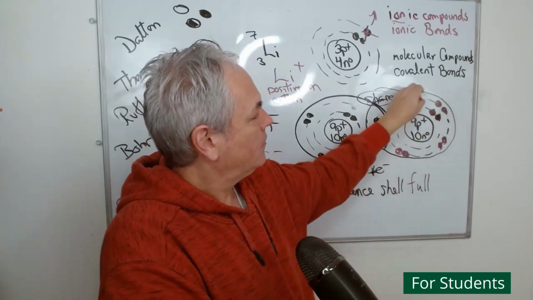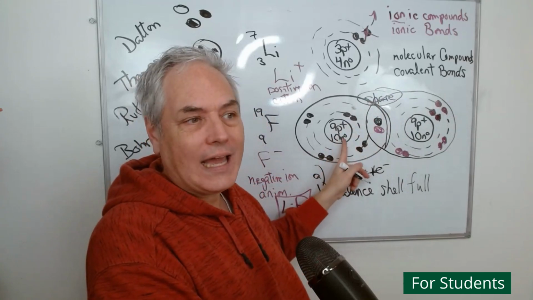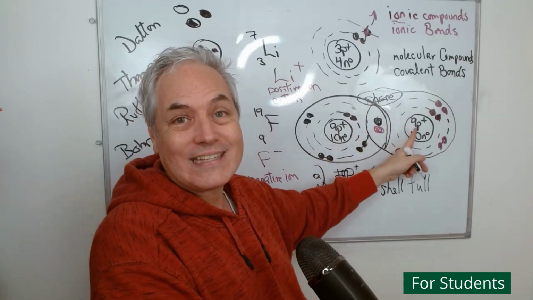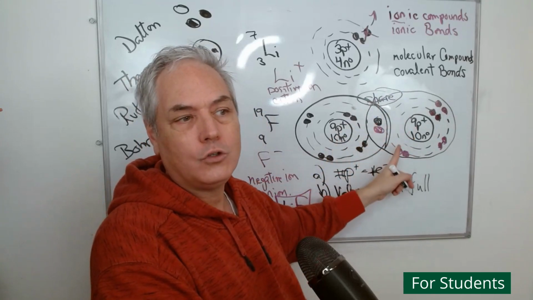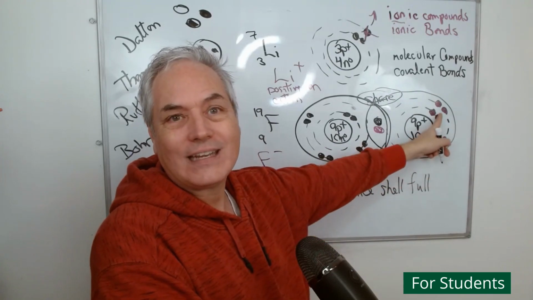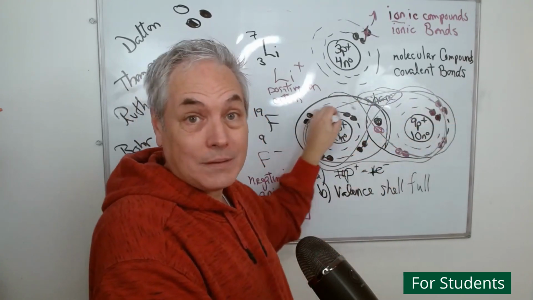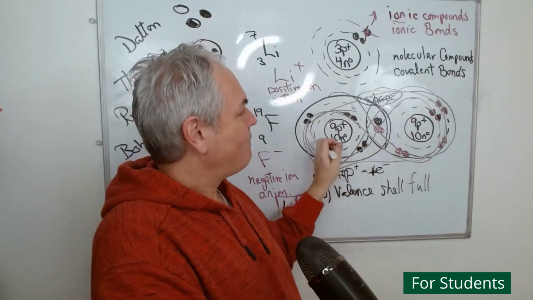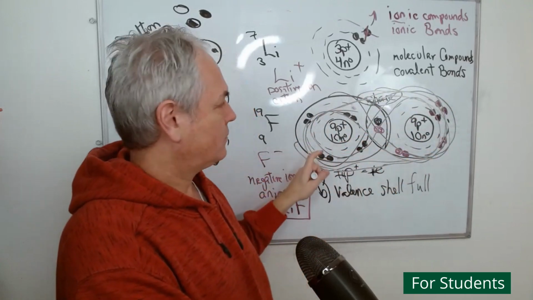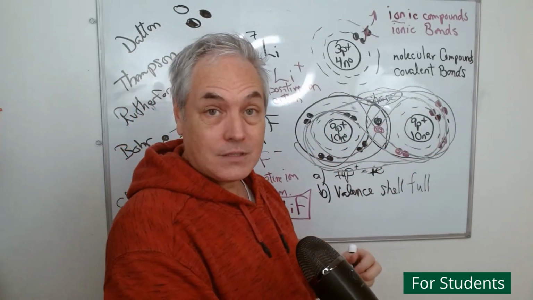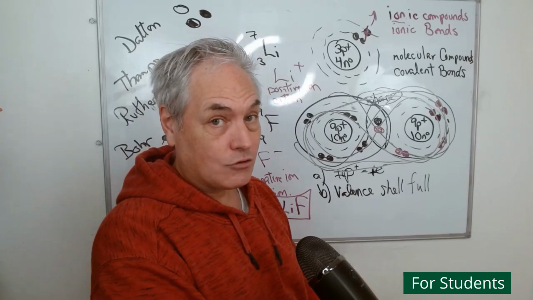And therefore, this fluorine atom would share one of its electrons as well. So let's see, 1, 2, 3, 4, 5, 6, 7, 8 electrons. And since the electrons are going at the speed of light, we end up with a very stable compound made of atoms that are sharing electrons.